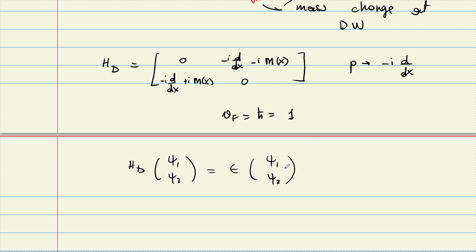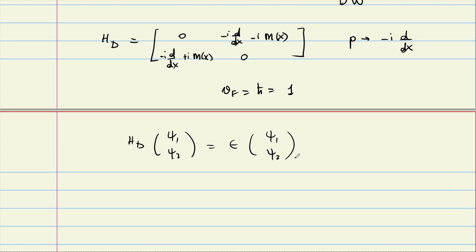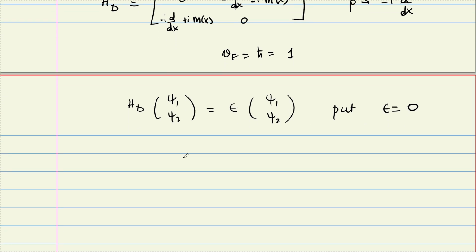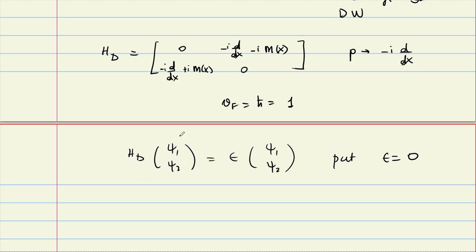But the interesting thing, which doesn't happen all the time, is this: let's put epsilon equal to 0 and see if there's a non-trivial solution. Typically, if epsilon is equal to 0, psi is 0. If we can put epsilon equal to 0 and find non-zero psi solutions, that's an interesting solution, and that's what we want to do. If you substitute it here, it's simple. What you get is minus i d/dx psi2 minus i m(x) psi2 equal to 0, because of zero energy.